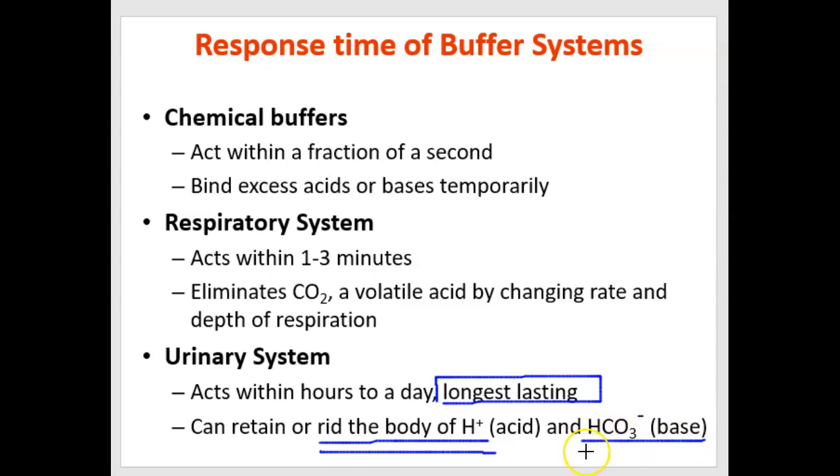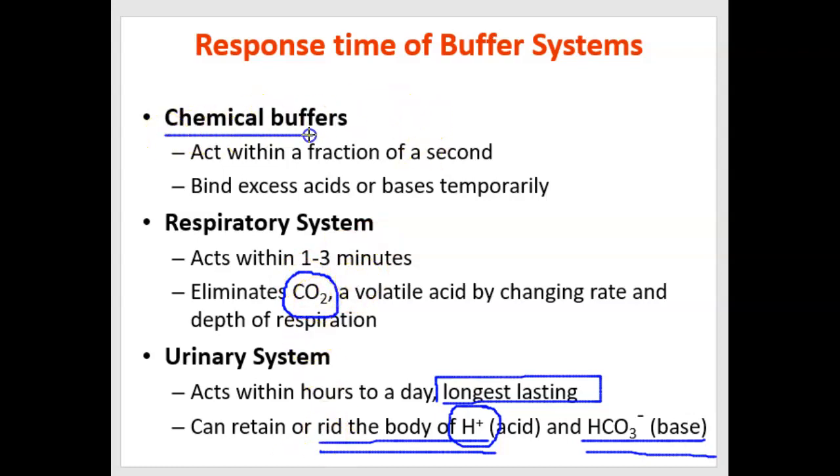And the base that is either retained or eliminated is bicarbonate, typically. So the urinary system will directly eliminate hydrogen ion versus the respiratory system eliminates CO2, which I'll explain why CO2 is acidic in a little bit.